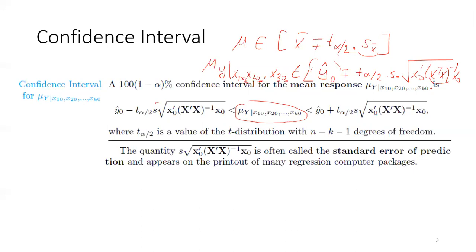X is the matrix of values of the independent variables. What is x0? X0 is the value that is given to us. So what is the confidence interval for 10% meat, 3% spice, and 15% vegetables?